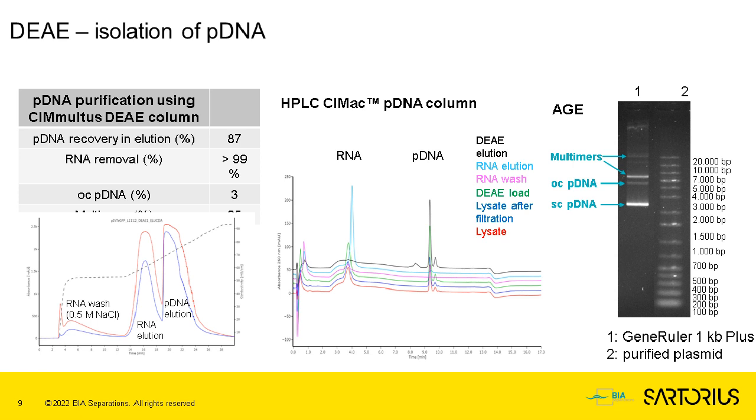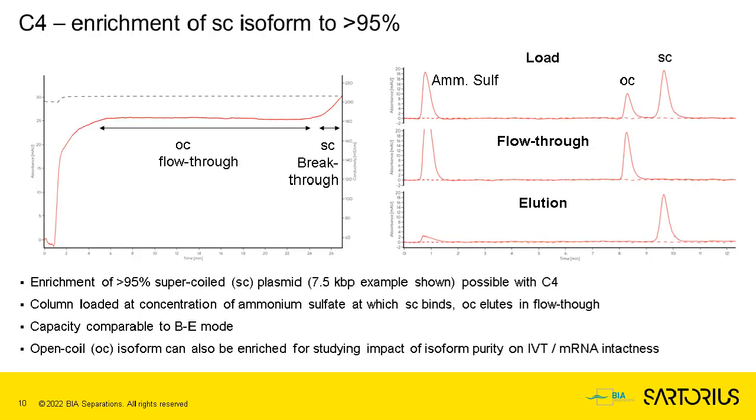But more and more, the community is asking for plasmid of over 95% supercoiled purity, and we get a lot of questions how to purify out the open coil. So I want to show an example.